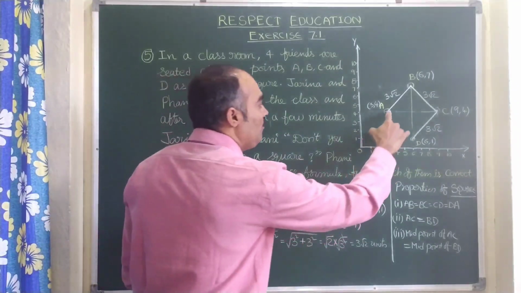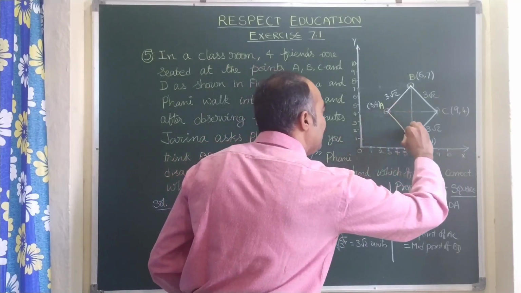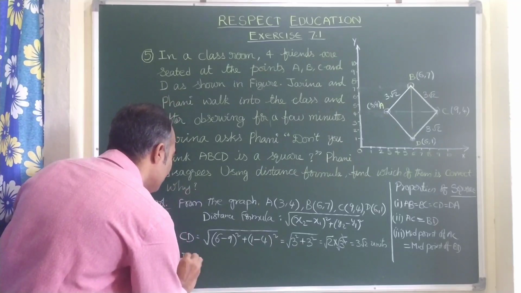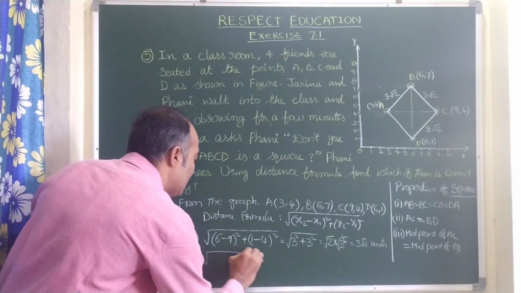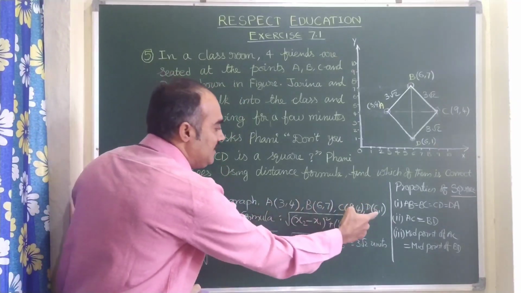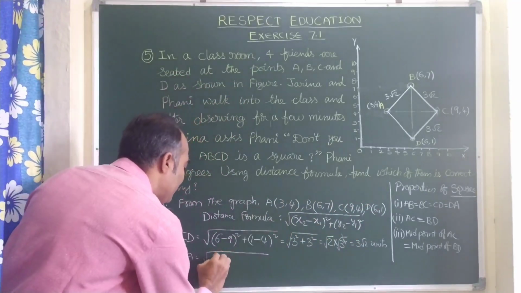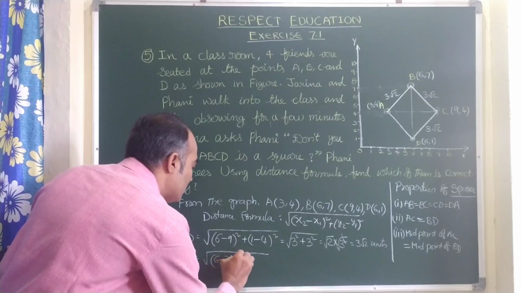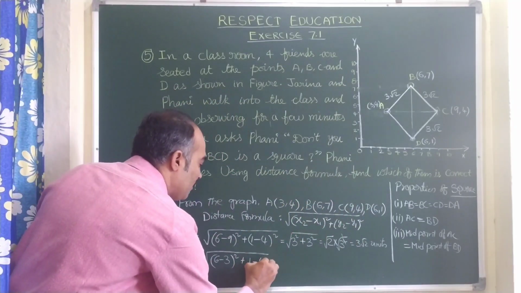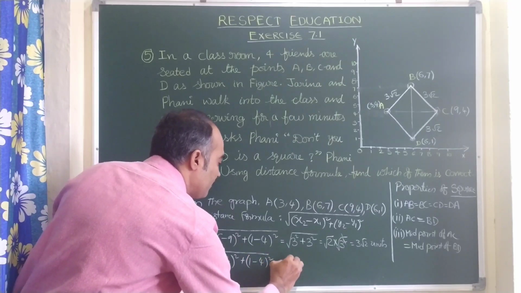Now we are going to find DA, distance between D and A. So DA is equal to under root, 6 minus 3 whole square plus 1 minus 4 whole square.